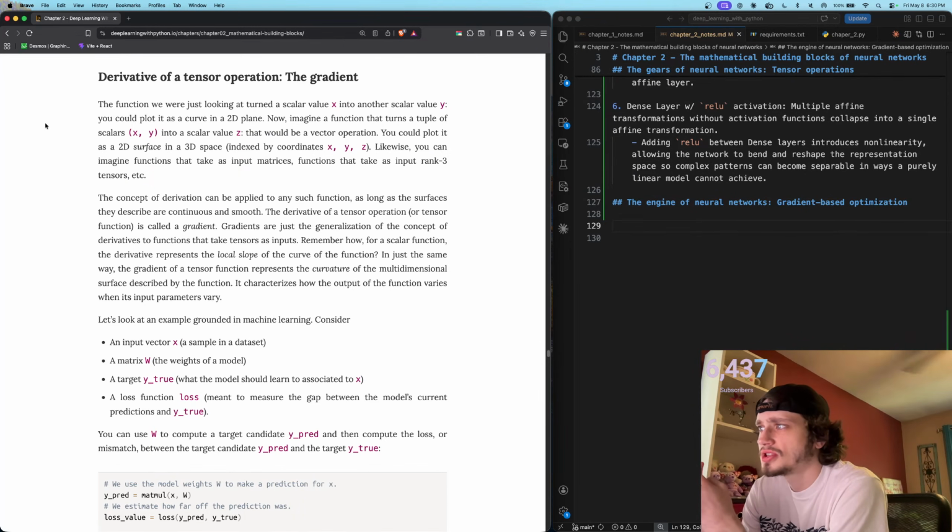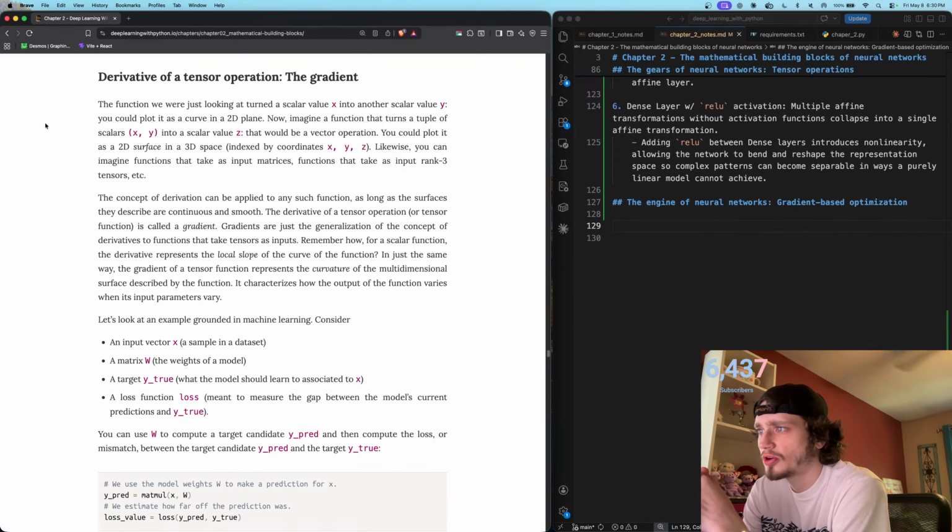Gradients are just the generalization of the concept of derivatives to functions that take tensors as inputs. Remember how for a scalar function the derivative represents the local slope of the curve of the function. In just the same way, the gradient of a tensor function represents the curvature of the multidimensional surface described by the function. It characterizes how the output of the function varies when an input parameter varies.